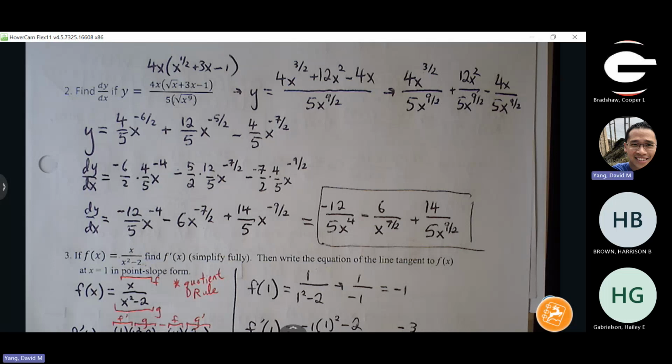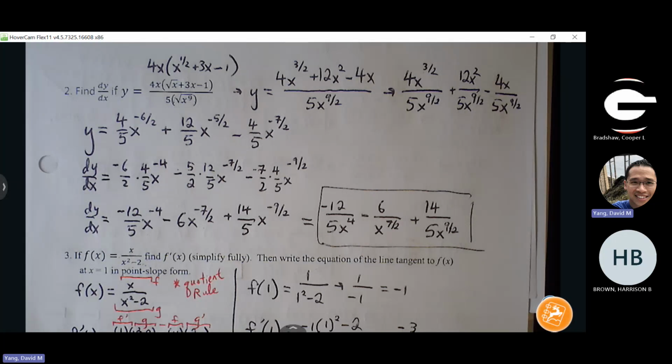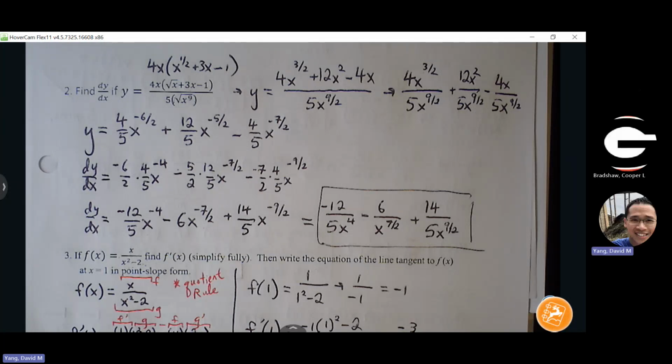But we have to do quite a few steps of cleanup because we want to separate into 3 individual fractions. And once the individual fractions are separated, we still want to bring up all the denominator variables by subtracting the exponents. And then once everything is nicely set up for power rule and separated, we can just do power rule, going through our process.